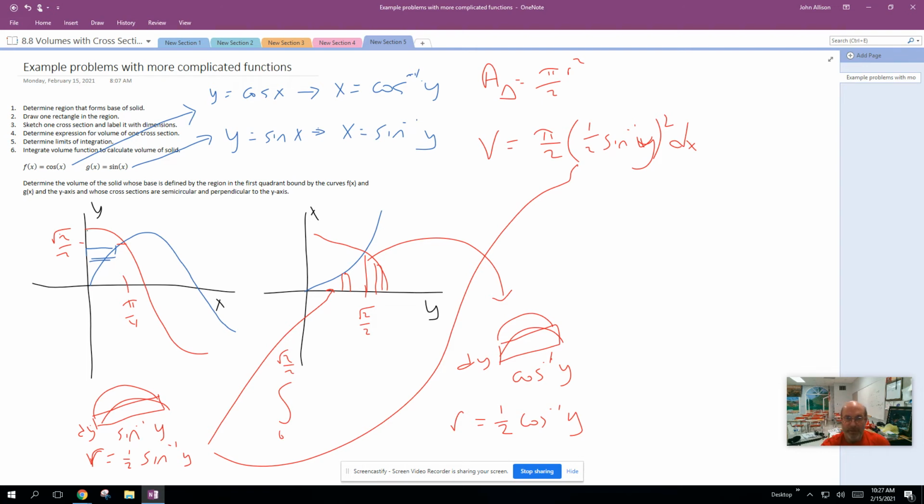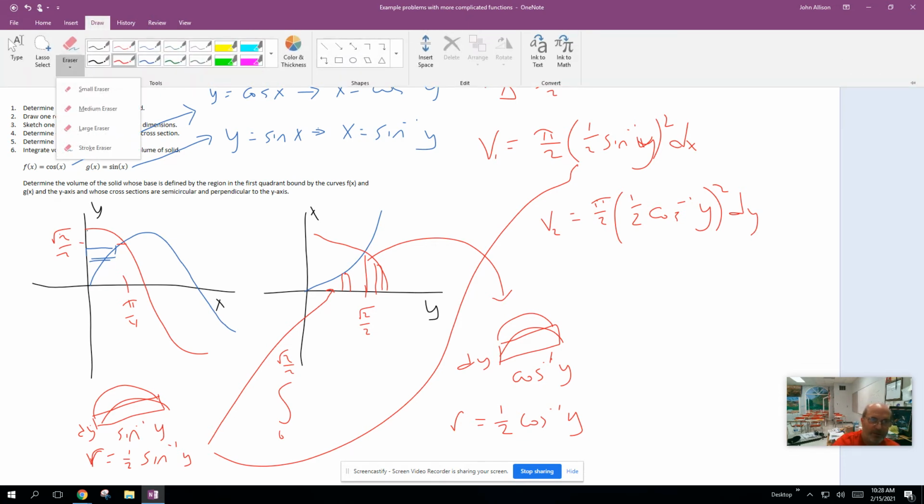So the volume for these, we'll call this V1, call this V2, this is for this one, it's going to be pi over 2 times the radius, which is 1/2 cosine inverse y squared, times dy, and there again I notice I just put a dx up there where I said dy.